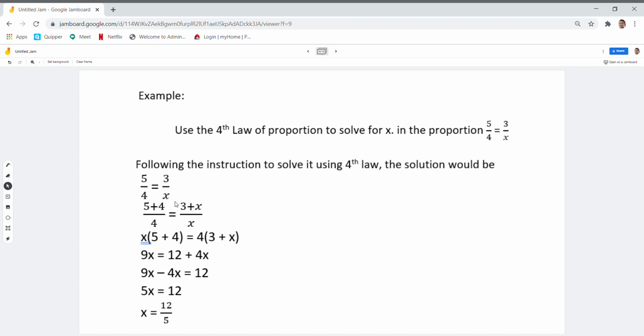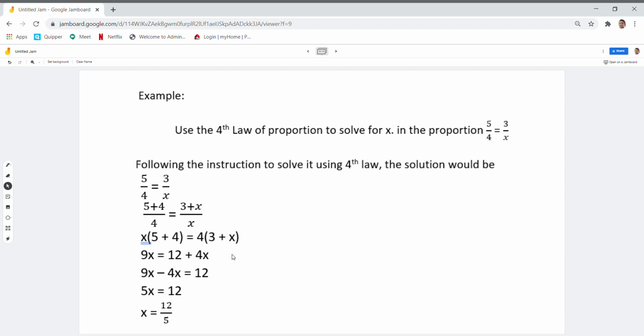You do the addition of denominators, so you will have 5 plus 4 is to 4 as 3 plus x is to x. And then applying your first law of proportion, you multiply the means and the extremes. You have x times 5 plus 4 equals 4 times 3 plus x.